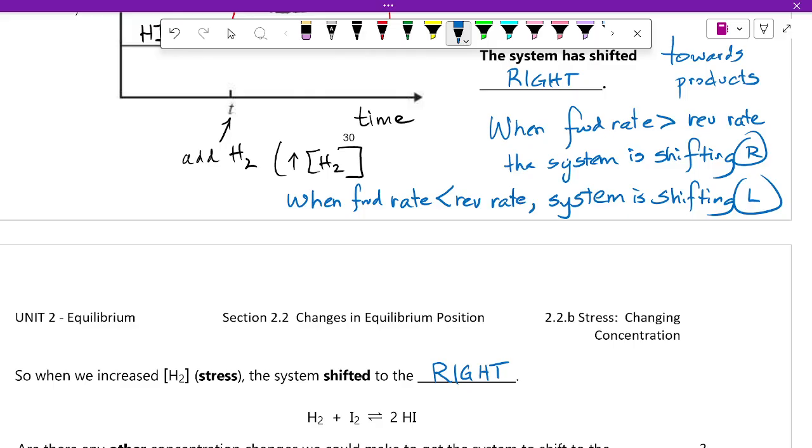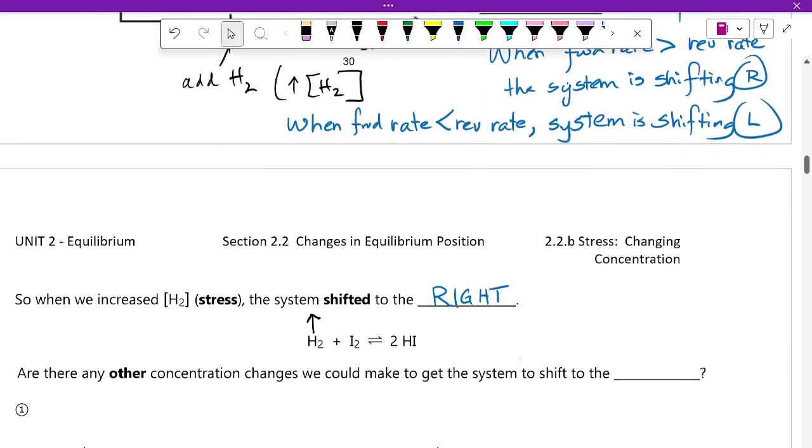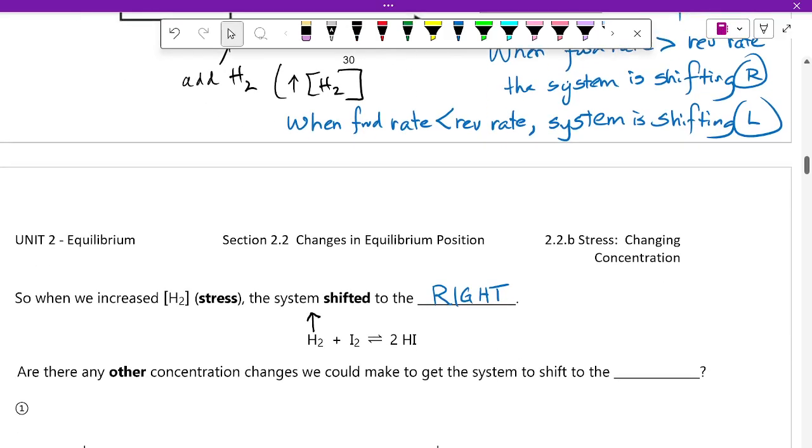But I'm going to show you a little trick right now, and you might not like it in this moment, but you will like it eventually. If you say, I increased H2, this is a little visualization thing.